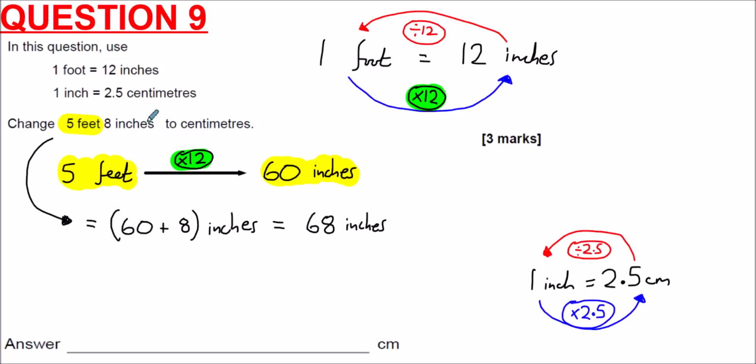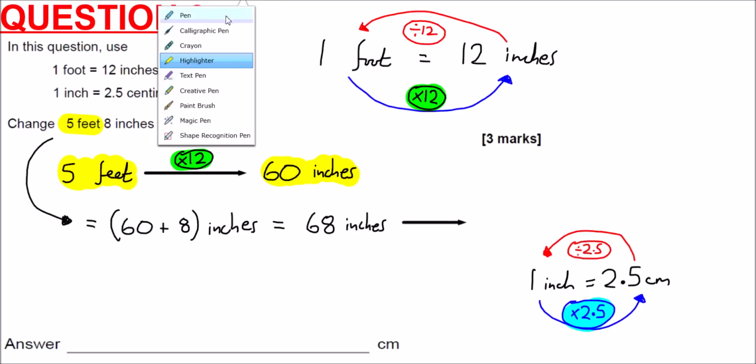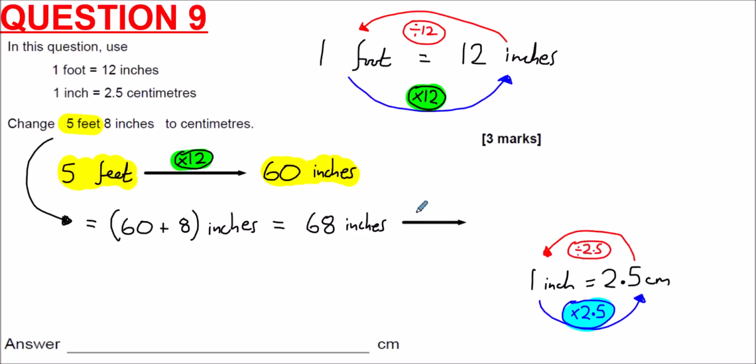But in this question, we're wanting to change to centimetres, and so we're going to be going from left to right. So we're going to multiply the inches by 2.5. So 68 inches, if we times that by 2.5, we'll have our answer in centimetres.